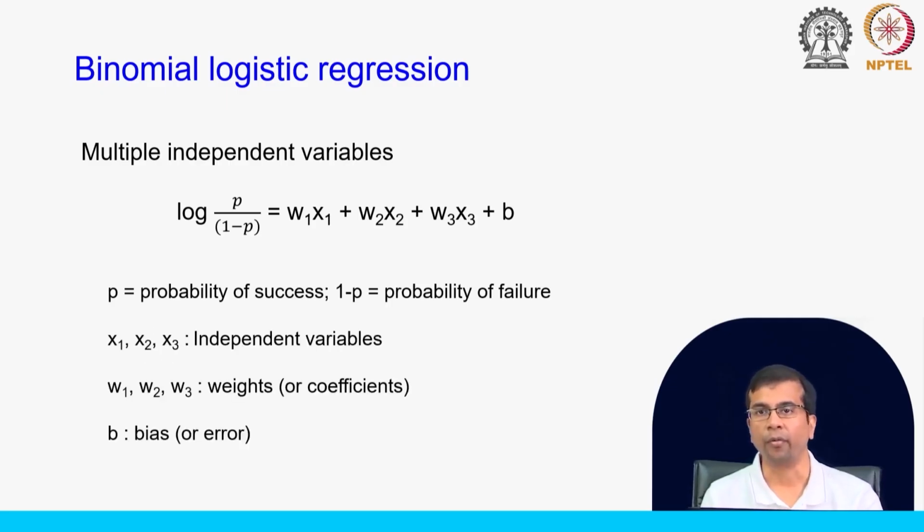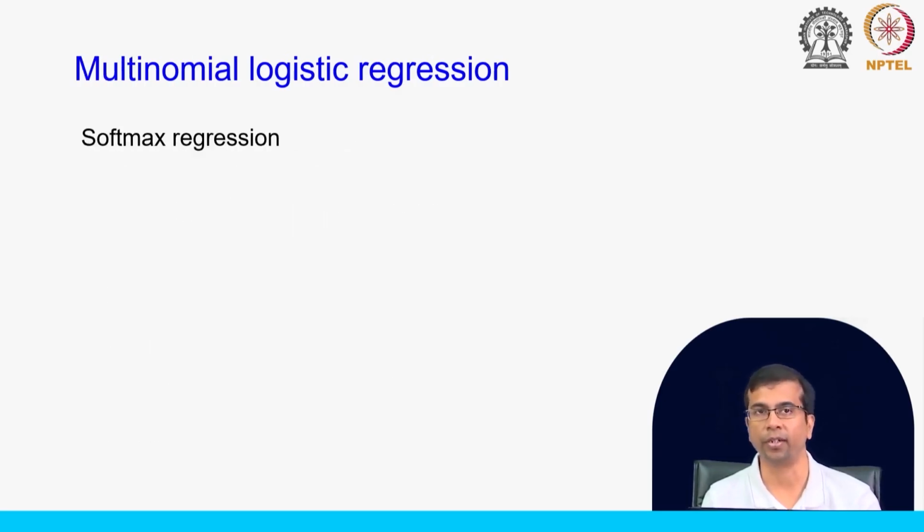As before we are familiar with these terms: x1, x2, x3 are independent variables, w1, w2, w3 are called weights or coefficients, and b is the bias or error. x1, x2, x3 are also often referred to as features. This is for binomial logistic regression, where we have binary classification, only two classes. Now, what happens if we have multiple classes, multinomial logistic regression? This is also sometimes called softmax regression, and this is the formula.